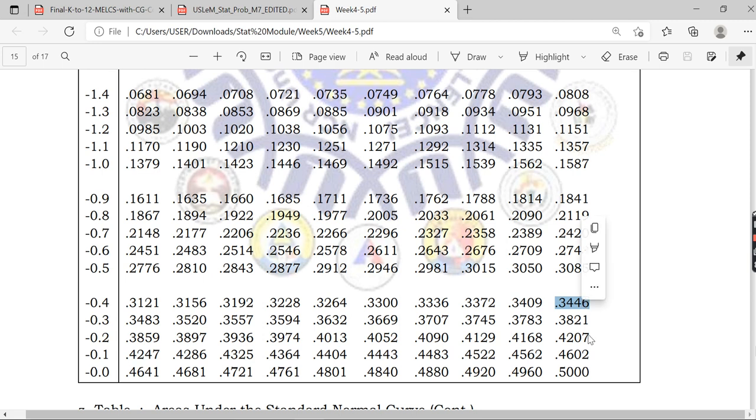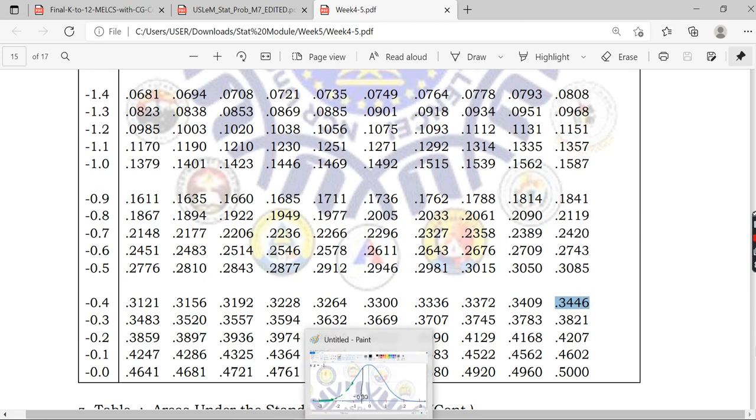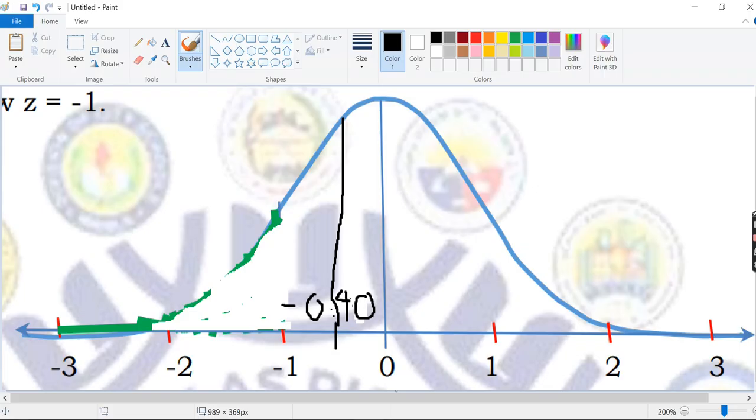0.3446. So what does 0.3446 give us? Again, the table gives us the leftmost part of the graph from the value that we look for.